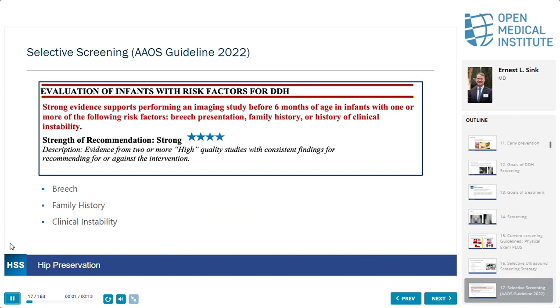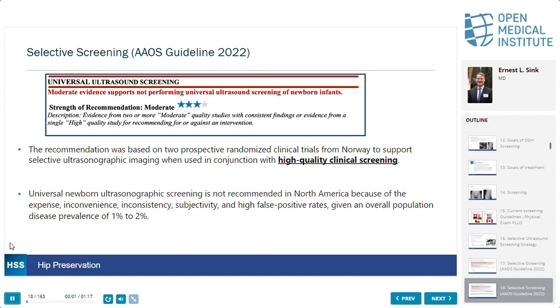So again, I'll bring up the AAOS guidelines. The American Academy of Orthopaedic Surgeons is a big institution, and they have certain guidelines about selective screening: breech, family history, and clinical instability. The recommendation was based on 2 prospective randomized clinical trials from Norway to support selective screening when used in conjunction with high-quality clinical screening.